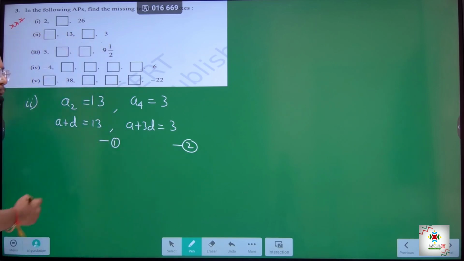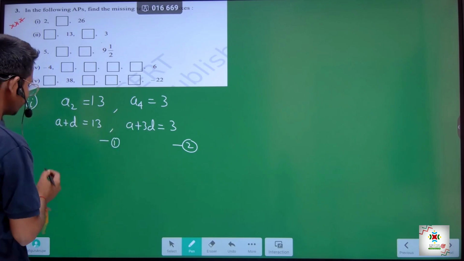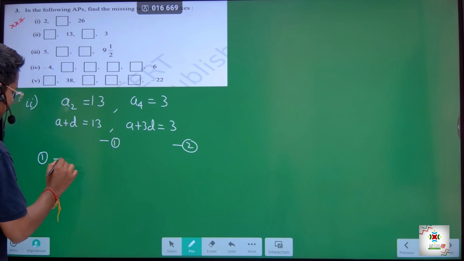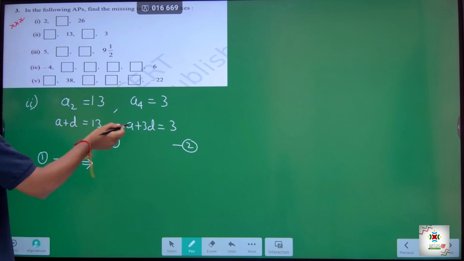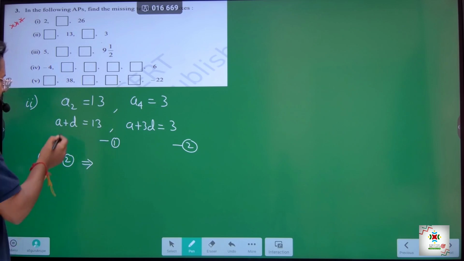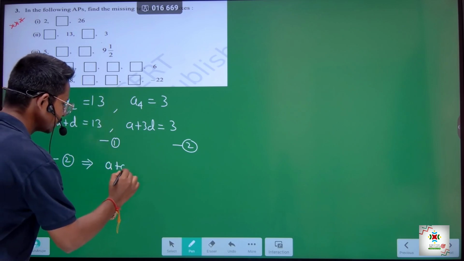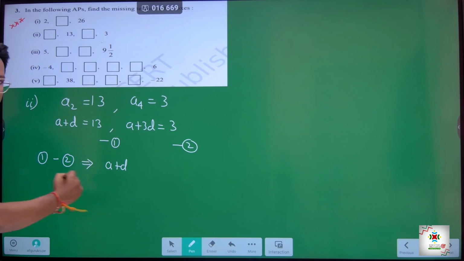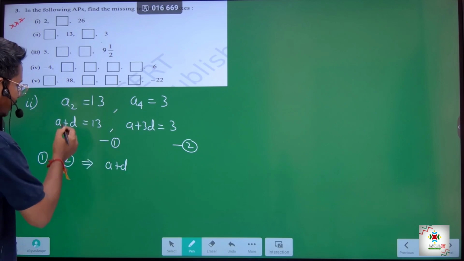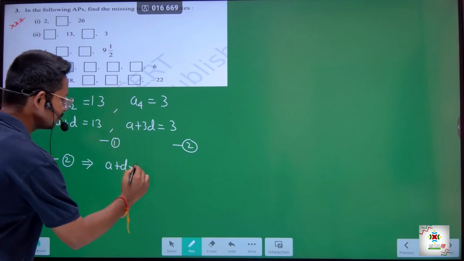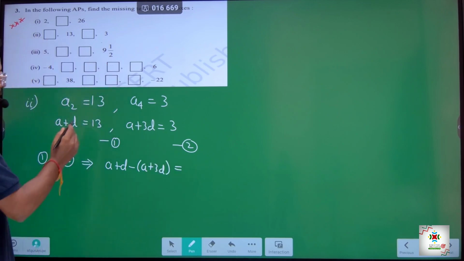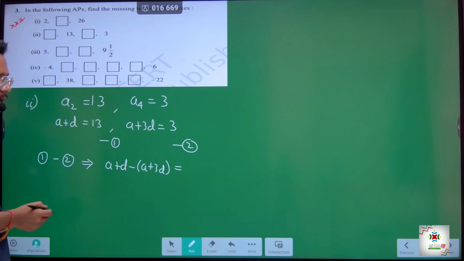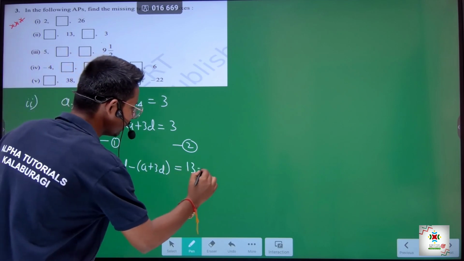Now we can manipulate the equations, either add or subtract to eliminate. I'll go with equation 1 minus equation 2. First I'll write the left hand side as it is, A plus D, minus the left hand side here, A plus 3D, equals, next I have to subtract on the RHS also, 13 minus 3.